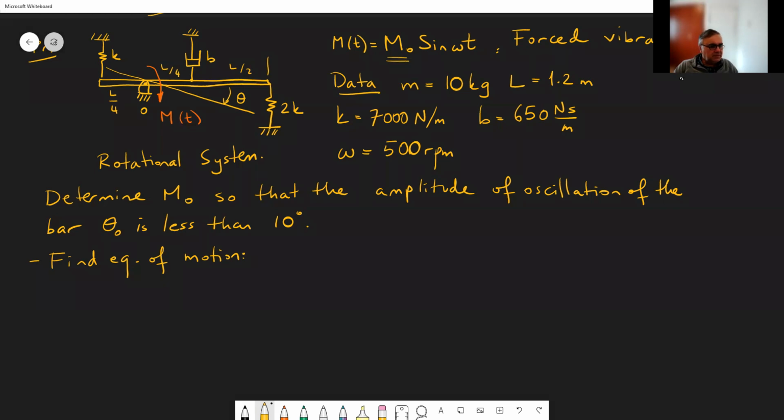If you want to find the equation of motion, as we said, there are two ways. We can use the energy method and Newton's method for single degree of freedom systems. But here we will use the energy method.